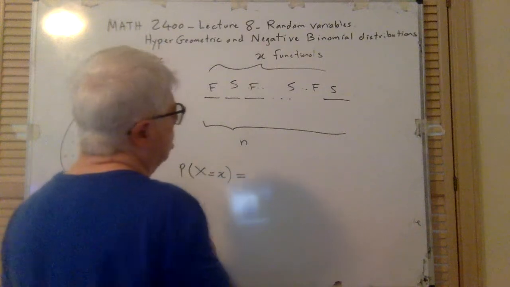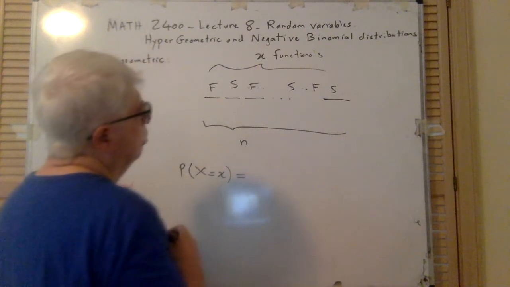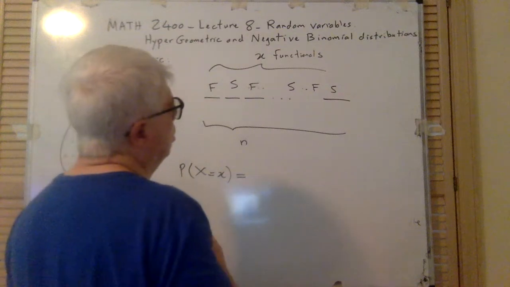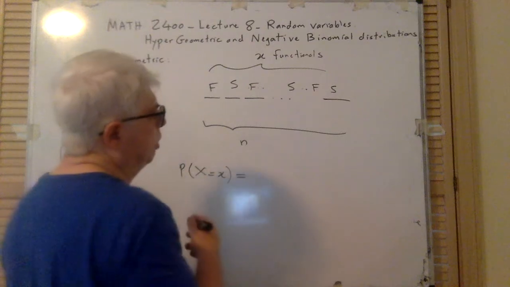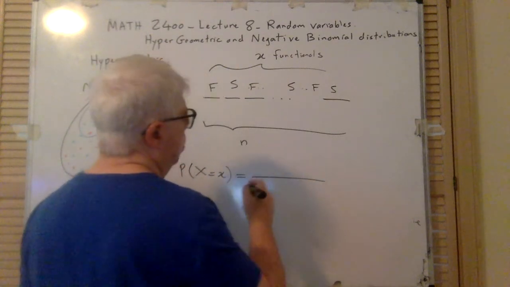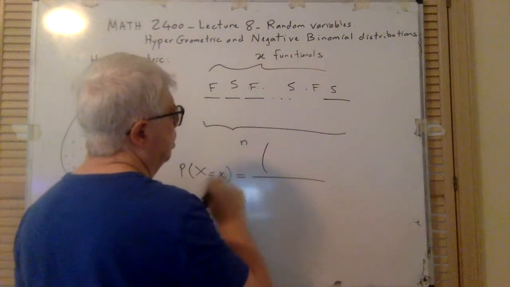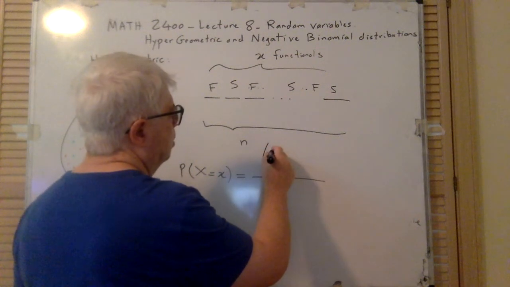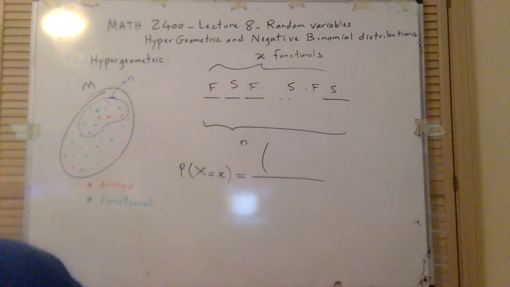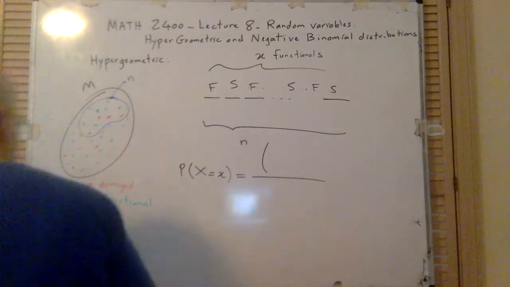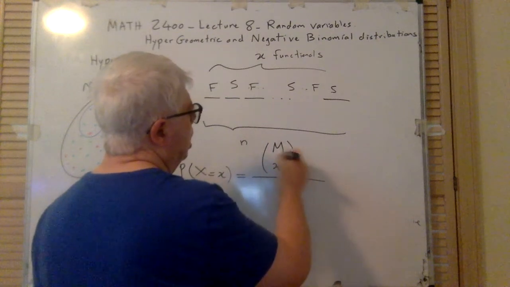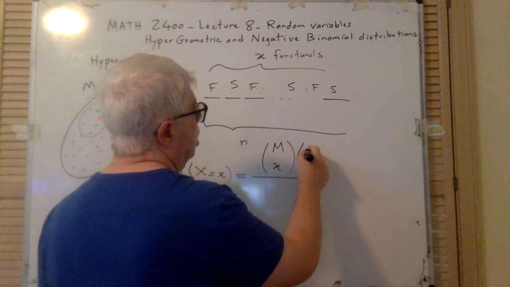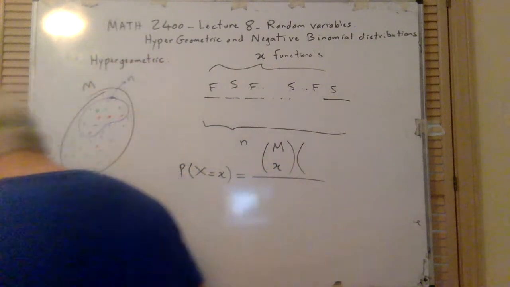We can ask this question: in how many ways can we choose x functionals in a sample of n? How many was that, m? No, so that would be x, and the rest are not functional. That is n minus x.